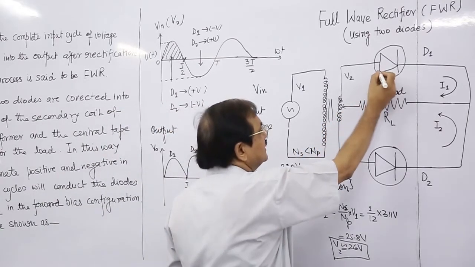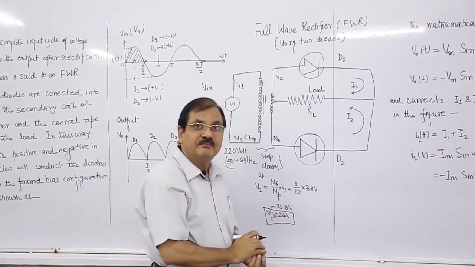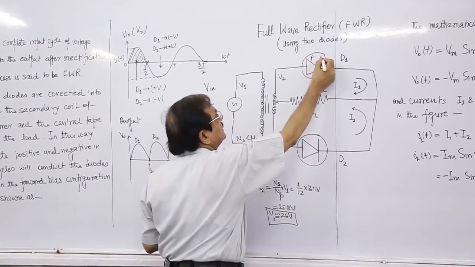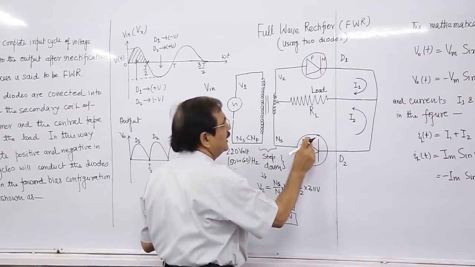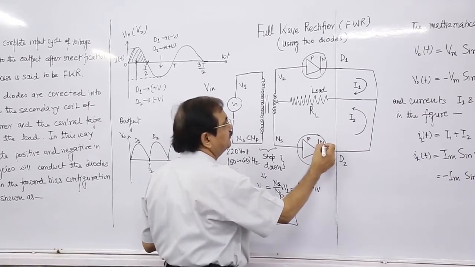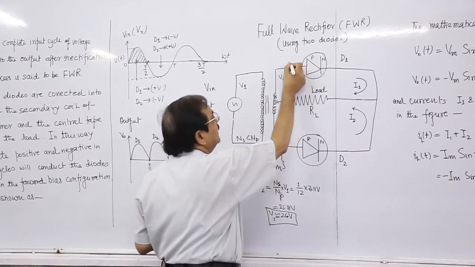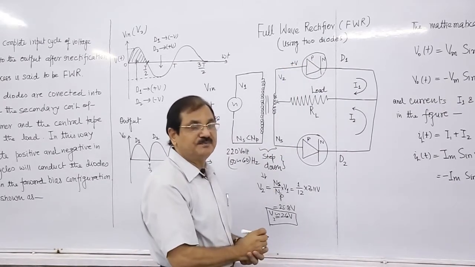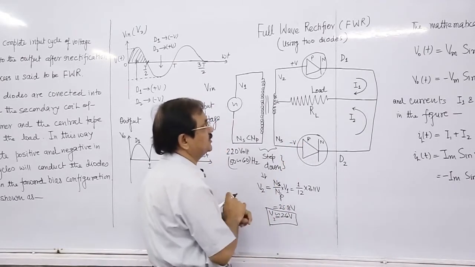In this case, this diode is D1 and this diode is D2. In the D1 diode, here it is P type and this is N type. So, this P type is at positive potential, and this N type is at negative potential.